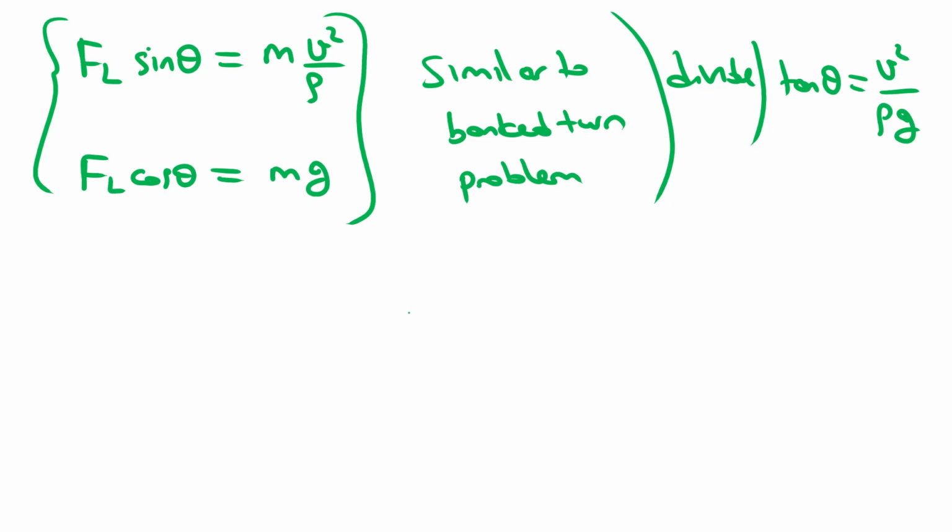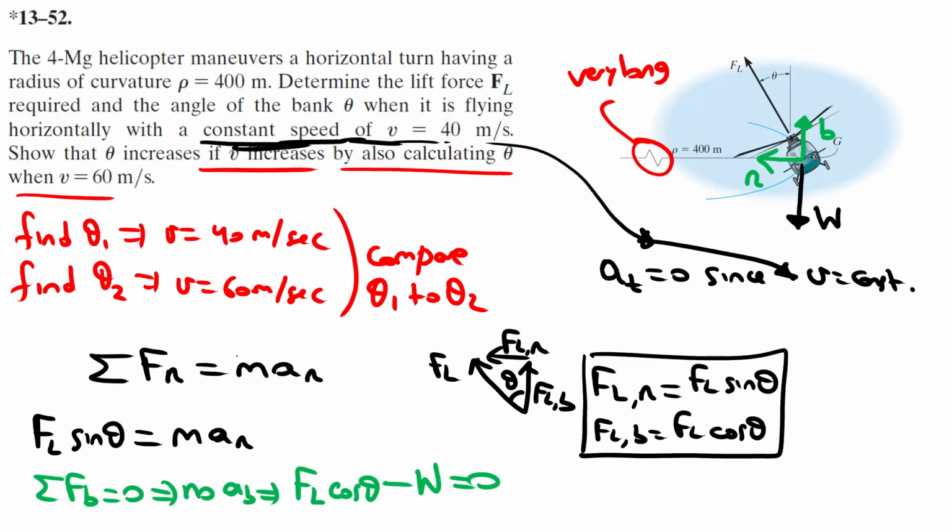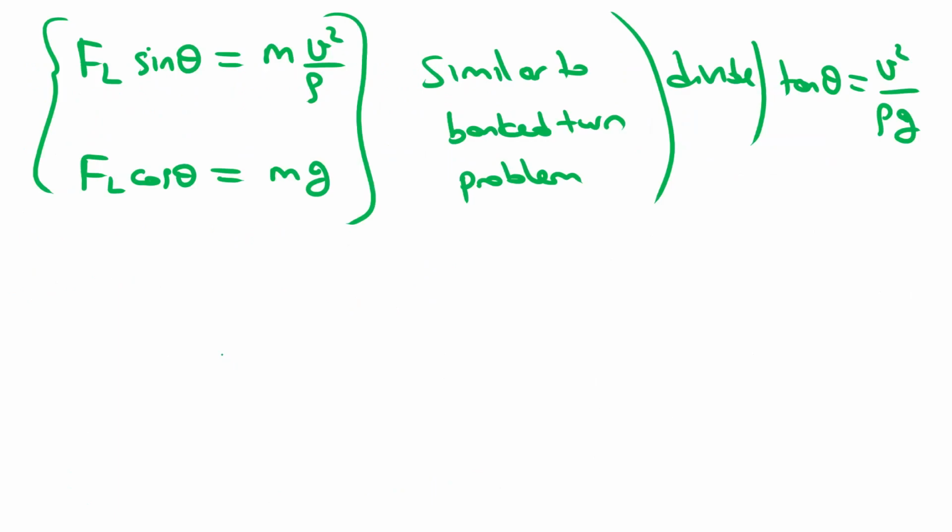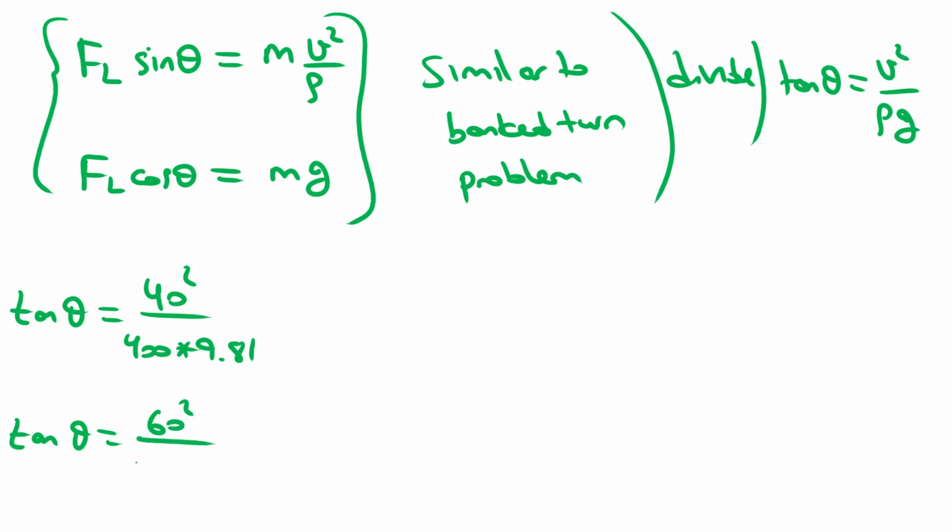Okay, so the question says to find theta when v is 40 and then when v is 60. So tan theta 1 will be equal to 40 squared by 400 times 9.81, and tan theta 2 will be 60 squared by 400 times 9.81.